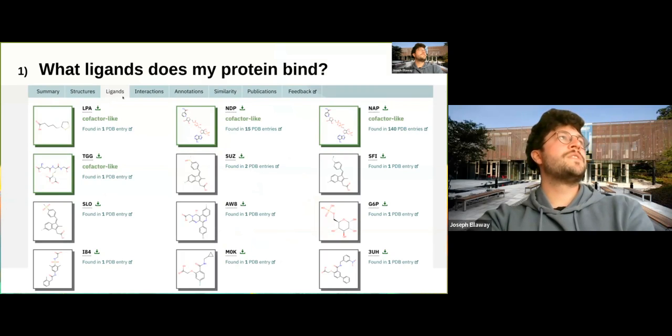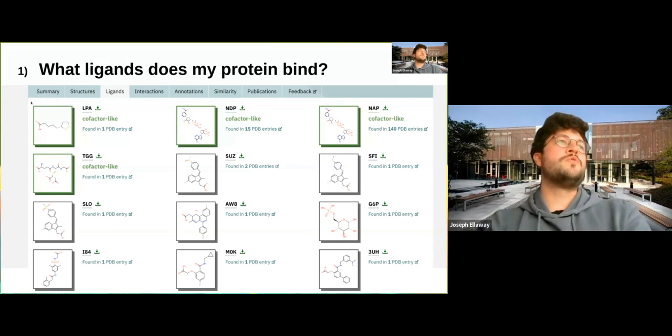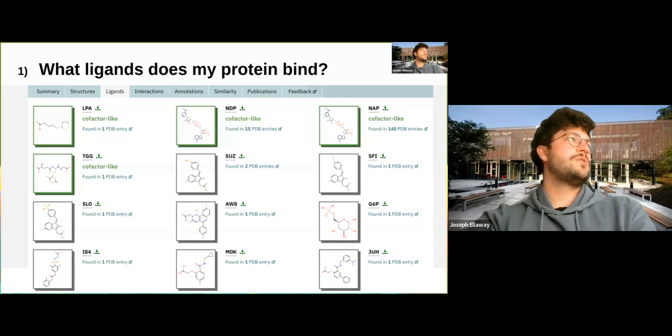If you make your way over to the ligands tab along the top there, you'll find this tile-based view where you can find all of the ligands which have been found to bind your query protein across the PDB archive. Any cofactor-like ligands we label here in green to help your search.